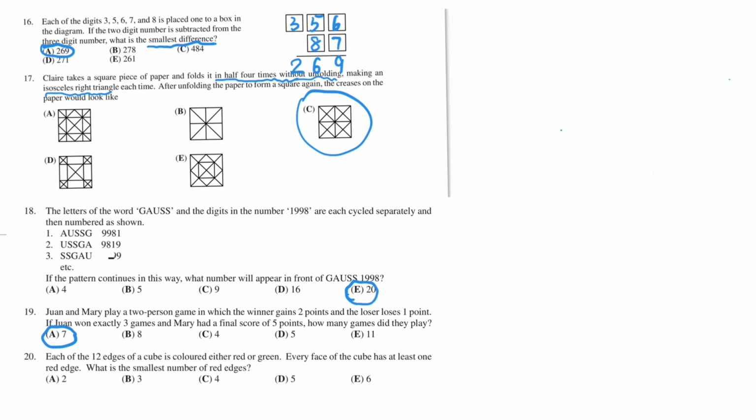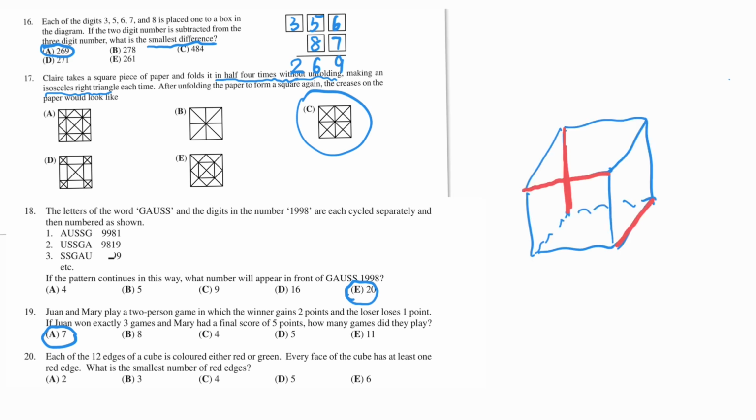If this edge is red, then the back and the left already have one. Then if I draw one on the top and front, and if I draw this one, the bottom and the right already have one. So we need at least 3 red edges. So the answer would be B.